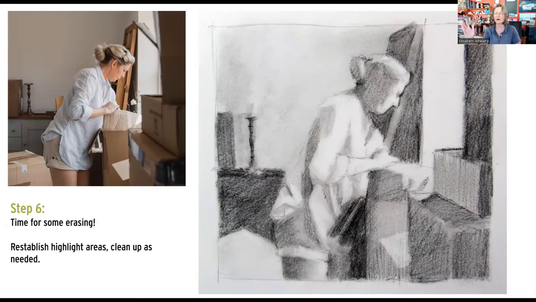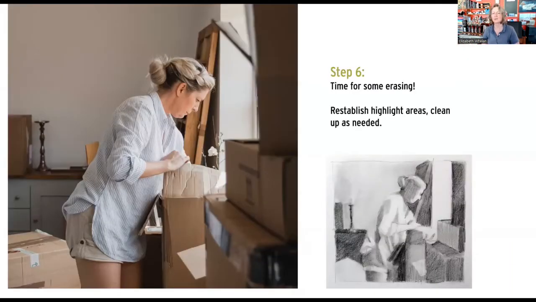Without this contrast of light and dark, I lose the beauty of charcoal to just this big smudgy mess. I had to be able to, at some point, make everything crisp again. And one of the ways to do that is starting by getting those highlights back, cleaning up those edges, and likewise, pushing those darks even darker where I think I might need to. So this is a continual process.